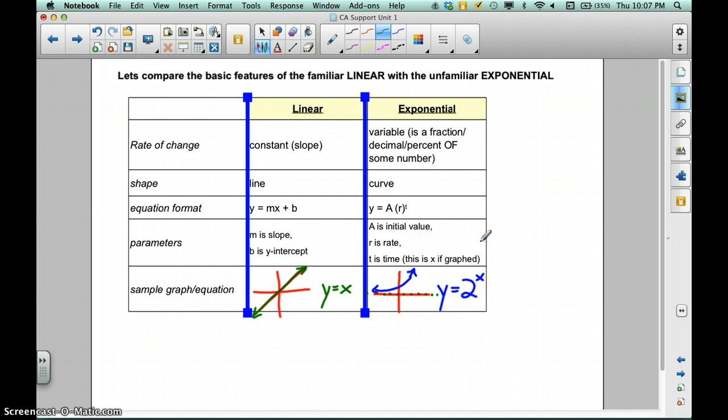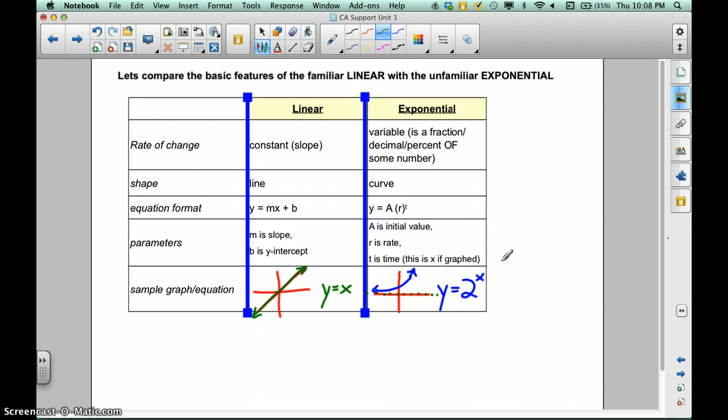Parameters are just the things that define the equation, because they could really use any letters in these spaces here, m's, b's, a's, r's, t's. But what we're saying is, in this one, we're agreeing that m is slope and b is the y-intercept. Well, for an exponential equation, we're saying that capital A is the initial value, r is the rate, and t is time. And if this is graphed, then t would become an x.